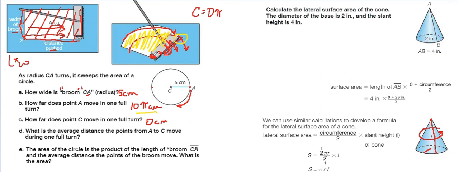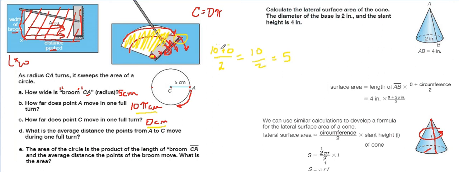We'd add it to the smallest distance, which is always going to be 0, because it's the center. So in this case, that's 10, the longest, plus 0. And to find average, you divide by the number of measures. 2, right? 10 plus 0 divided by 2 is the same as saying 10 divided by 2 is 5.